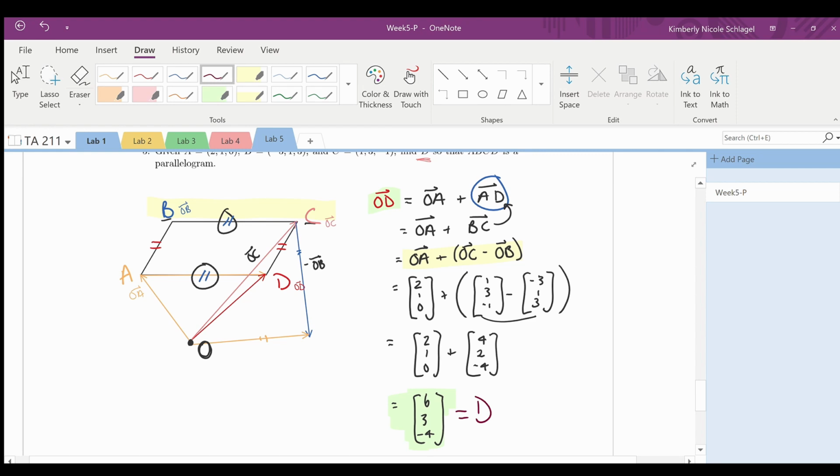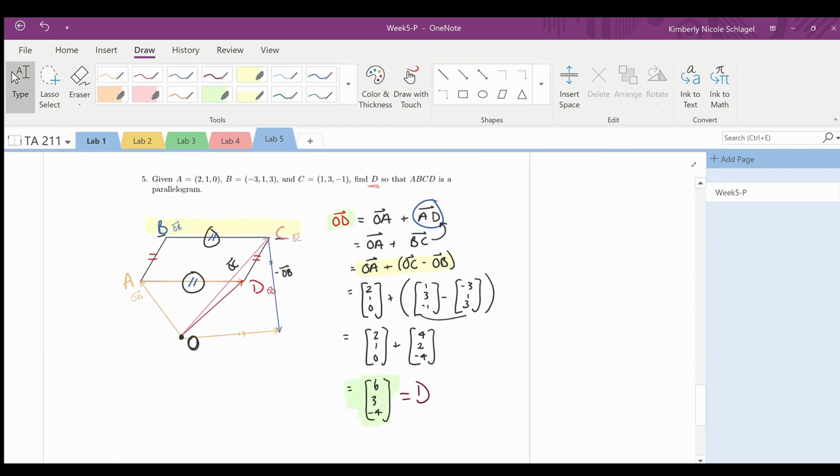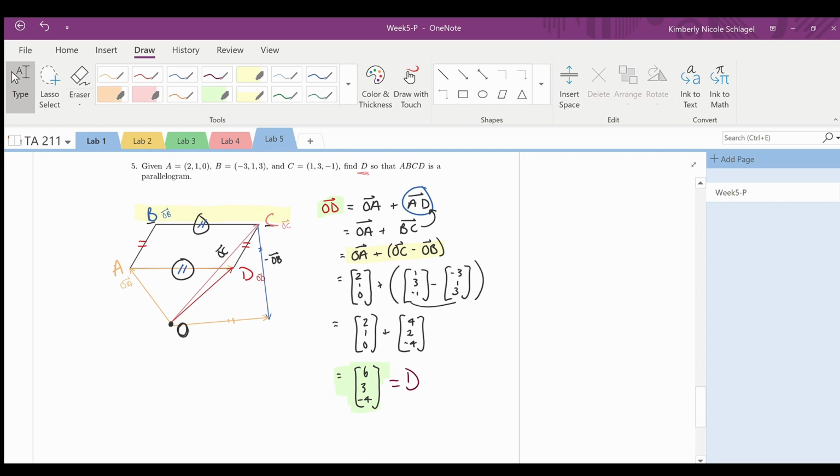Okay, so if you practice a couple of these parallelogram questions, it's exactly the same every single time. You just have to really think about what you can substitute in here in order to get the right answer. So you can think about it without drawing the picture also. You know that BC has to be OC minus OB, just from writing the vector equation of a line.